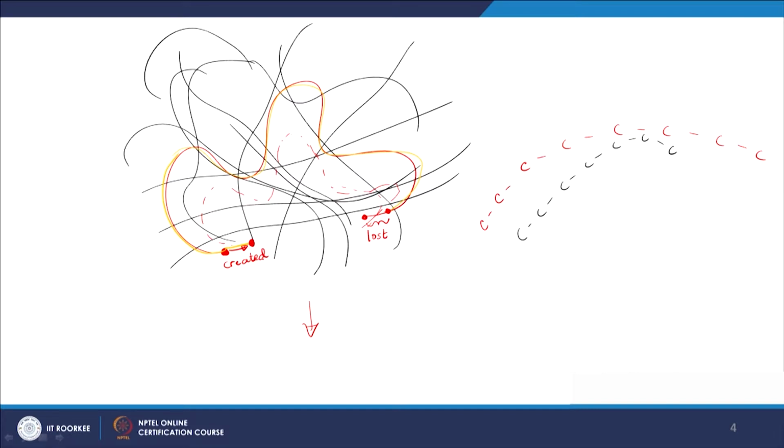You can imagine the same thing happening if you have, say, an entangled system of wires. Nowadays, if you have many gadgets plugged into the charger, you will have, say, an iPod, a mobile phone or many mobile phones, and you will have an entangled system of wires, and if you try to pull any of the wires, it is going to be difficult if it is entangled. So, you have to find a way to carefully locate its end and then pull it in a way that does not disturb the other wires.